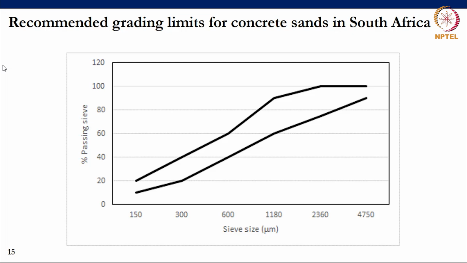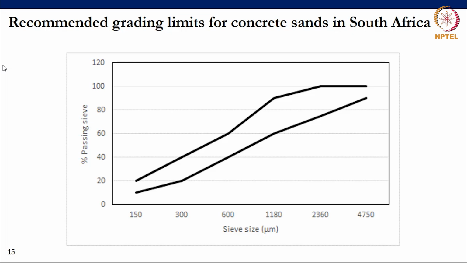Let me emphasize that it is possible to make competent concrete if your grading does not exactly conform to these profiles. However, that will require a little bit of a sophisticated approach to mix design, perhaps judicious use of admixtures.